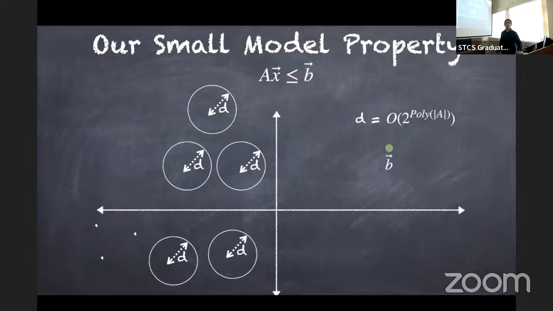Consider the shortest vector in a lattice. So A describes the generator of a lattice. But it's not exactly the shortest vector now, because you have these coordinate-wise constraints.